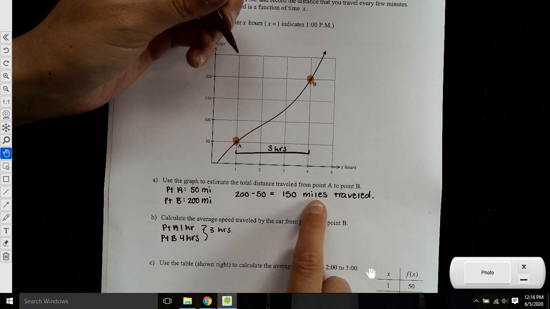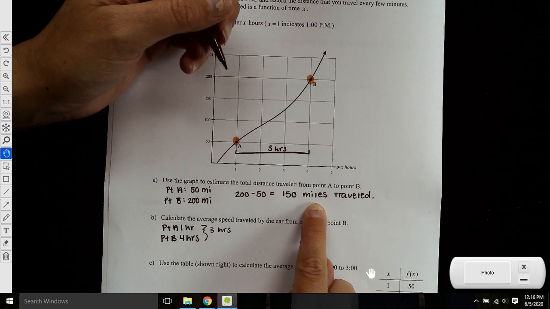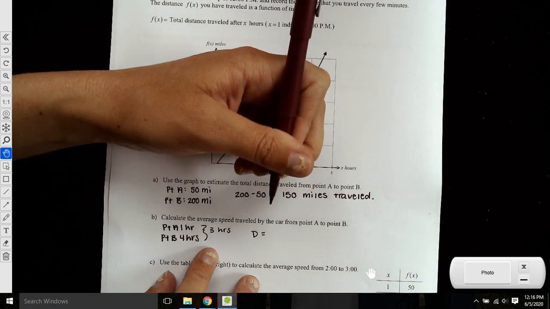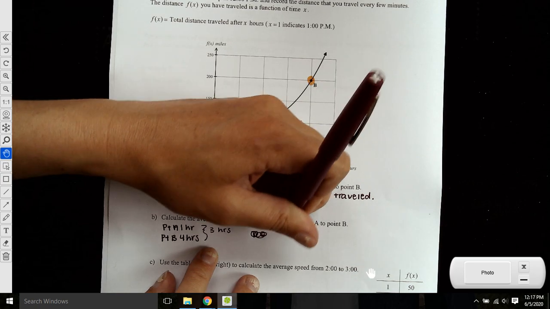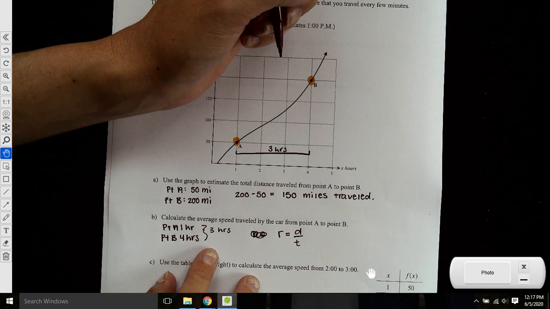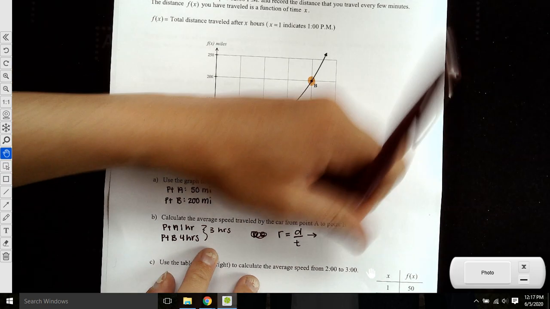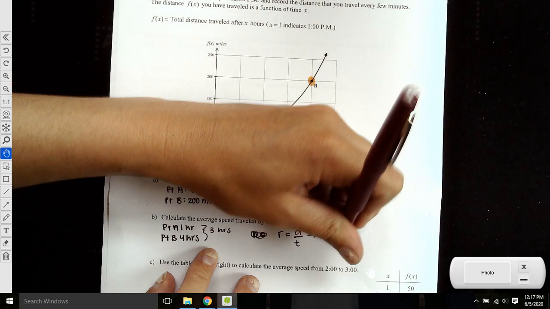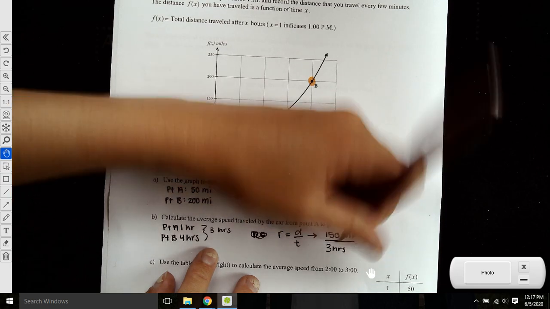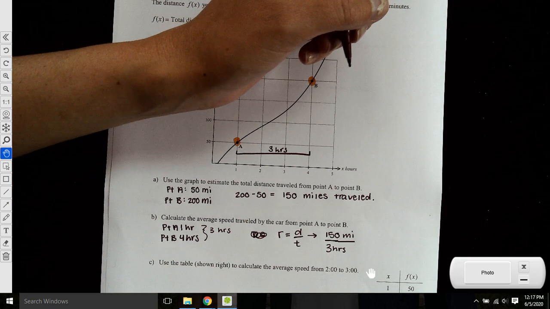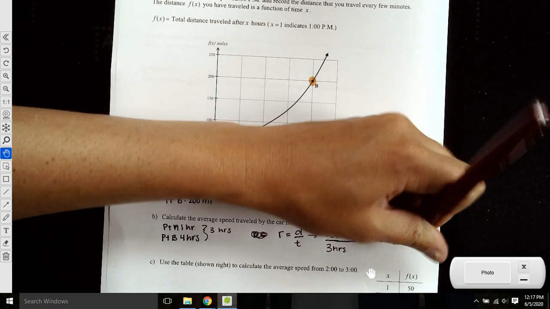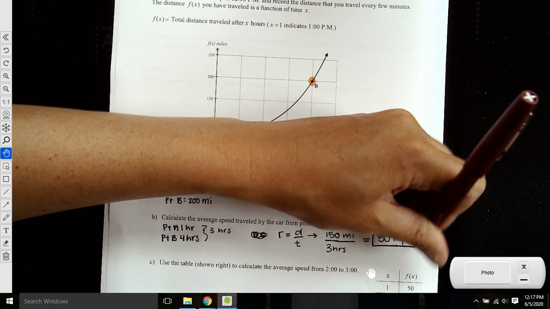So since we traveled a total of 150 miles in 3 hours, and rate equals distance over time. So the distance is 150 miles over 3 hours. Think miles per hour. For speed limit, that's where I'm coming up with distance over time. So if I actually do that out, I get 50 miles per hour. And that is called my average speed traveled.